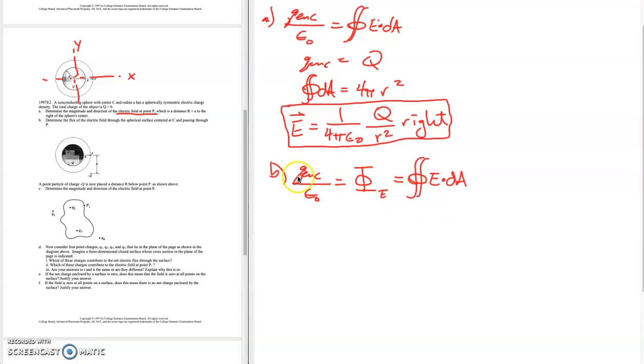So for part B, we could either look at the left side and say the enclosed charge over epsilon naught gives us the flux, or we can look at the right side and say the electric field times that surface area, and they tell us it's capital R, so this should be capital R squared.